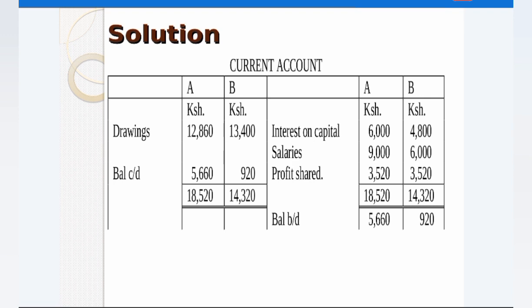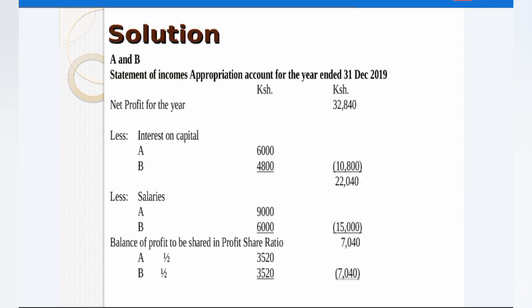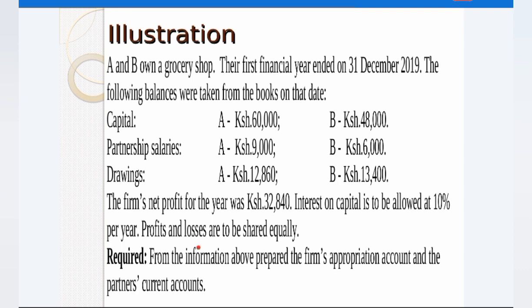We prepare the current account, and you can see from there, the current account, we have it there. So we said the things that we have to debit our current account with. In our illustration, we did not have any balances in the current account. So we were not given the opening balances for the current account.